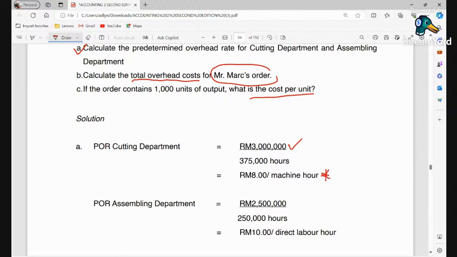This is for cutting department. Whereas for assembling department, the estimated MOH is 2,500,000 and the direct labor hours is 250,000 hours.